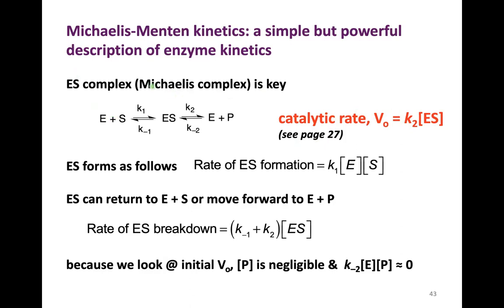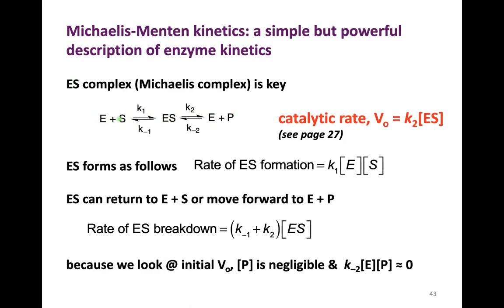So remember, we described and defined our Michaelis complex as the enzyme bound to the substrate non-covalently, okay? And this is really the key to this Michaelis-Menten model. So we have our enzyme, our substrate, the Michaelis complex, and then if we continue moving forward, we regain our enzyme, and we now have product.